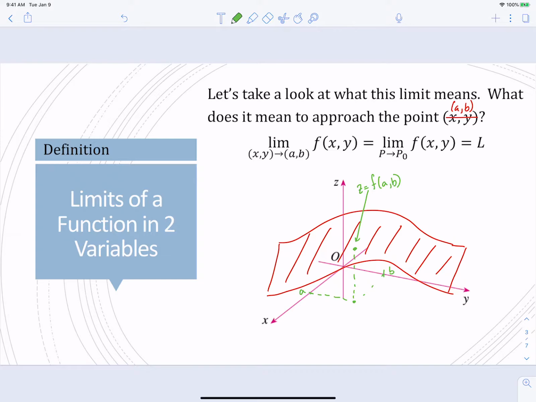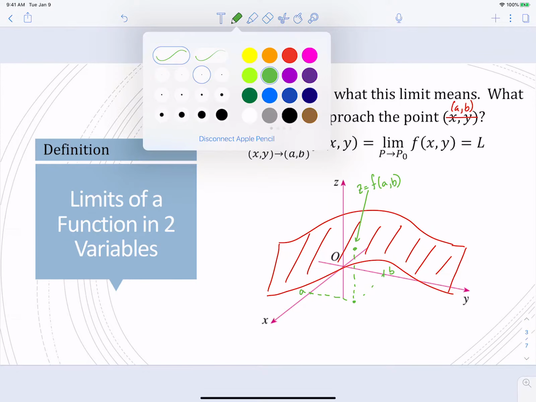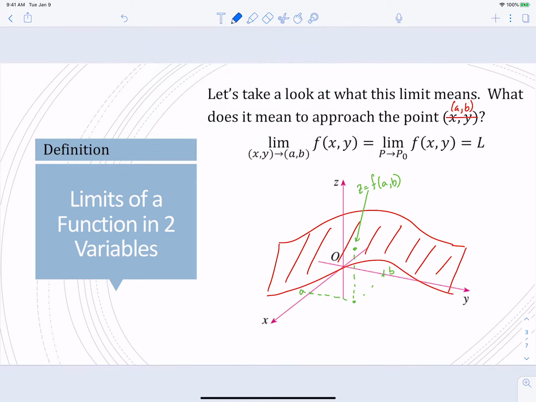When we're in two dimensions, we can approach from the left or the right. Unfortunately, here in three dimensions, we can come close from that direction, from that direction, from that direction. We could take a squiggly path and go towards that point, or we could take something that looks a little bit more exponential.